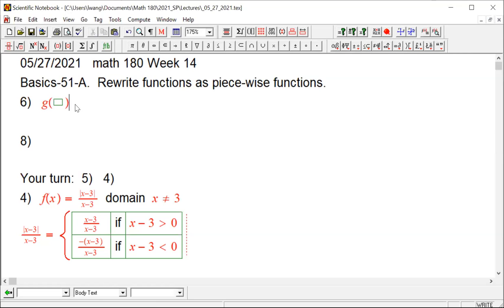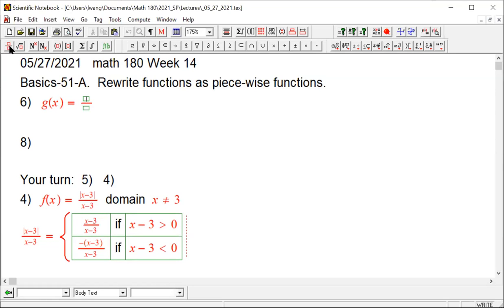And I think you have all the tools. We need to understand only the absolute value piece needs a conditional statement. The rest of them don't need it.